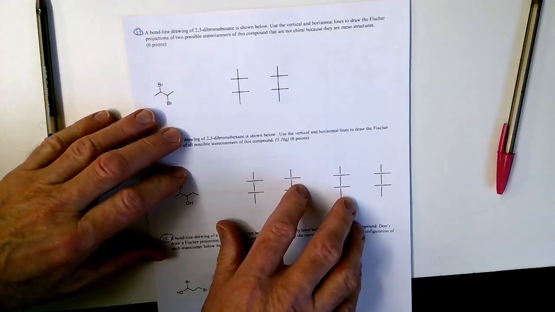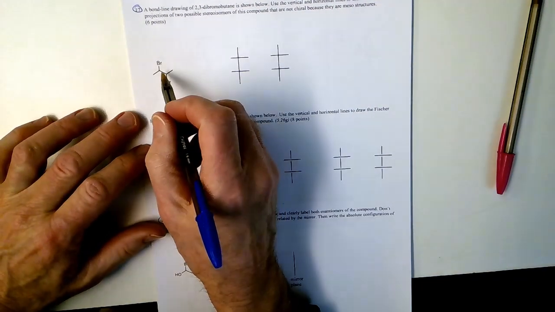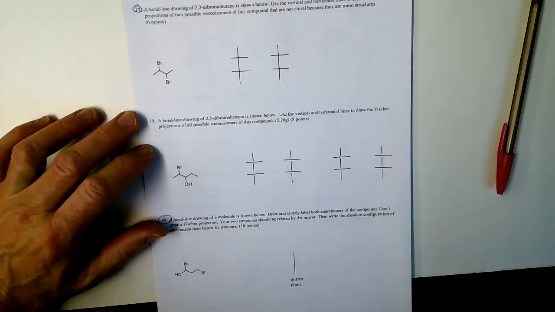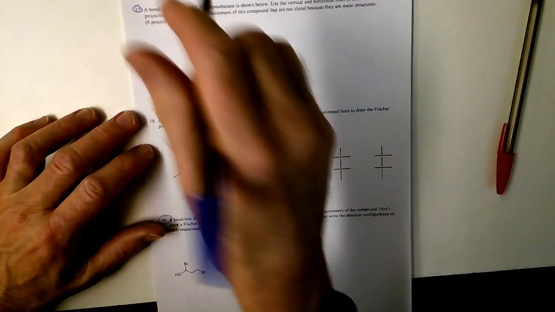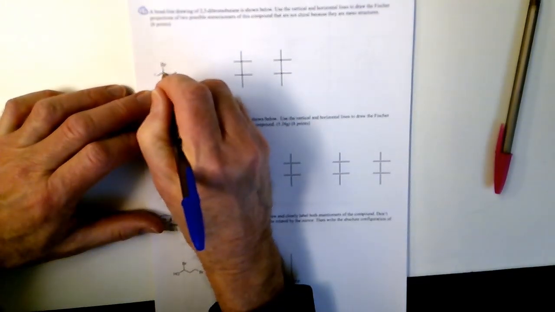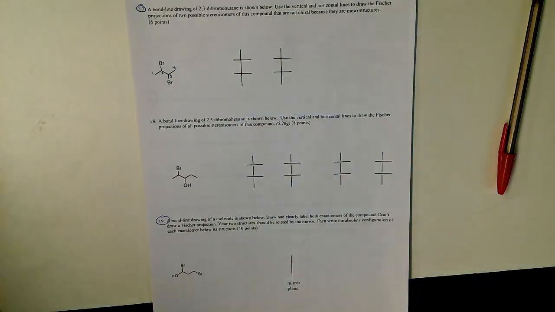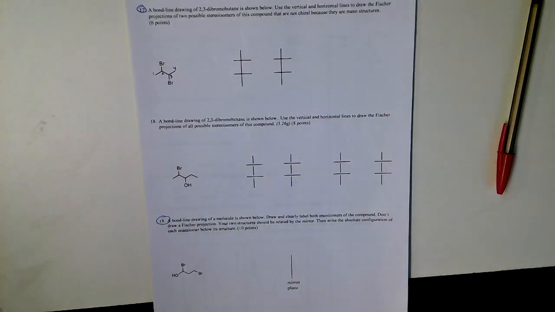All right, looks like 2 were requested on this page. And the first one is just about this compound here that's drawn on the left. That's the bond line drawing, and then you're asked to go to Fischer projections. It usually is useful, you don't have to do it this way, but at least remind yourself of how many carbons you're going to need to draw when you're all done in the other version of drawing this thing.